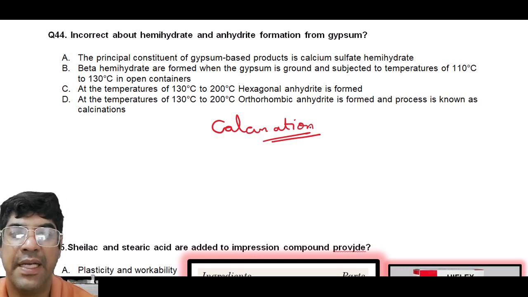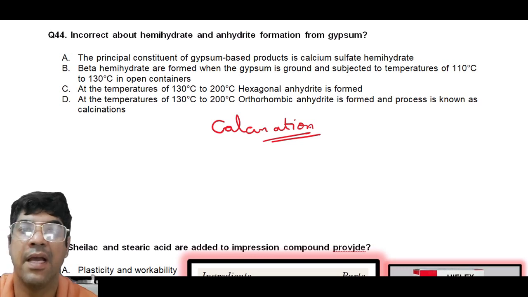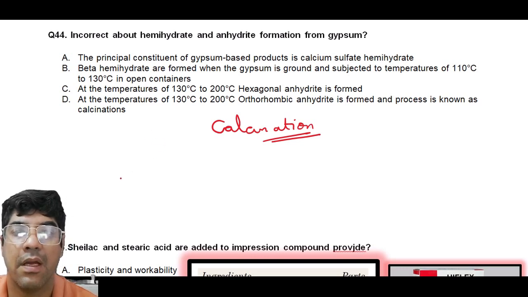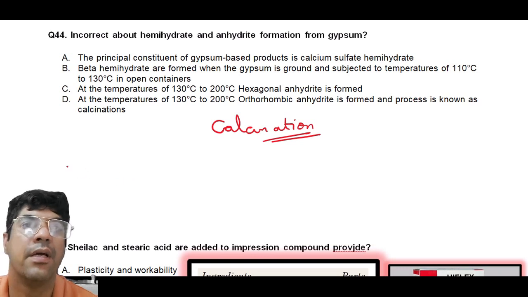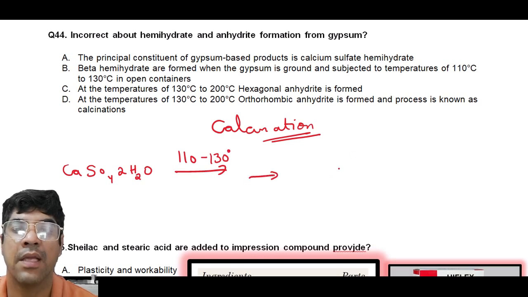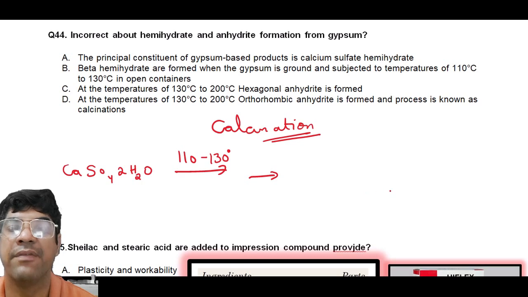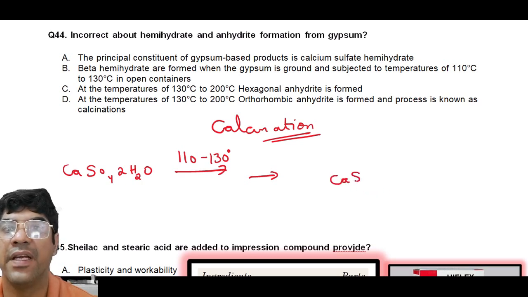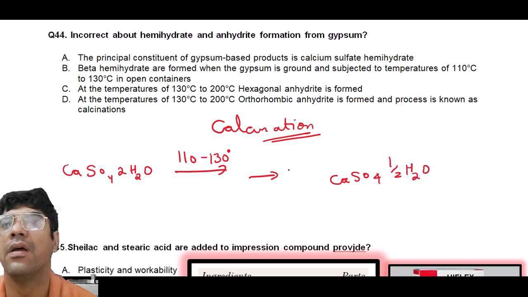When calcium sulfate dihydrate is heated at 110 to 130 degrees Celsius, it gets converted into calcium sulfate hemihydrate.